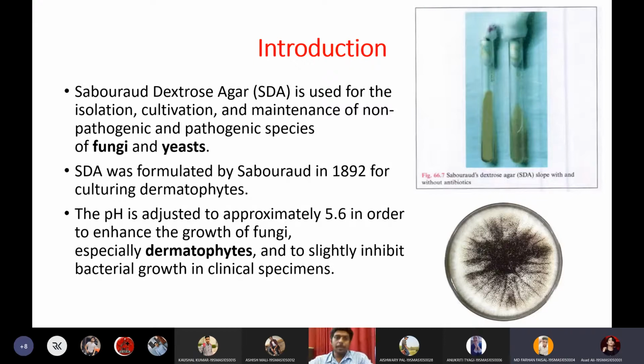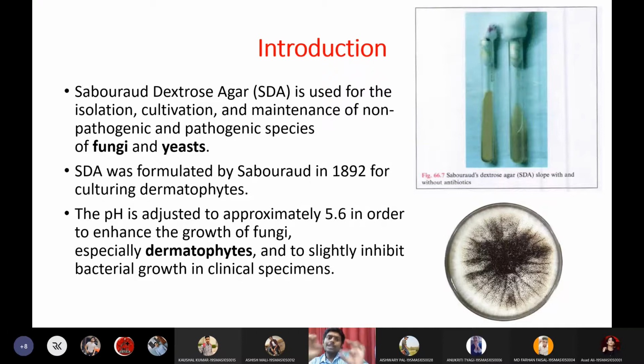So my next question is, what are the properties that make the SDA agar ideal for fungal growth? What makes it special? What makes it unique? Let us see the SDA composition. Some points you need to remember: SDA only allows medically important fungi to grow.